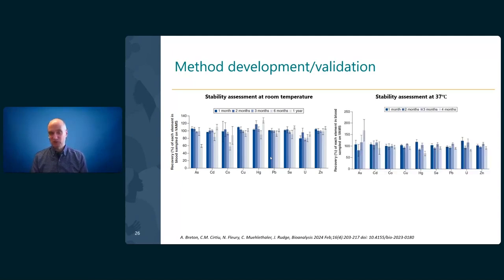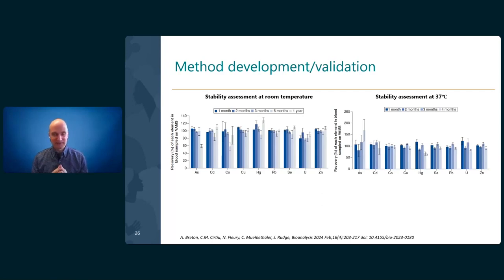The second graph is showing the stability at 37 degrees. Again, a lot of variability with arsenic, which is not an easy one. But otherwise, for all the other elements, it's very stable after 4 months. Mercury is showing a bit of variability as well. For the same reason, we might expect some variation due to contamination over time. In some papers, we have seen a kind of increase over time due to storage contamination.